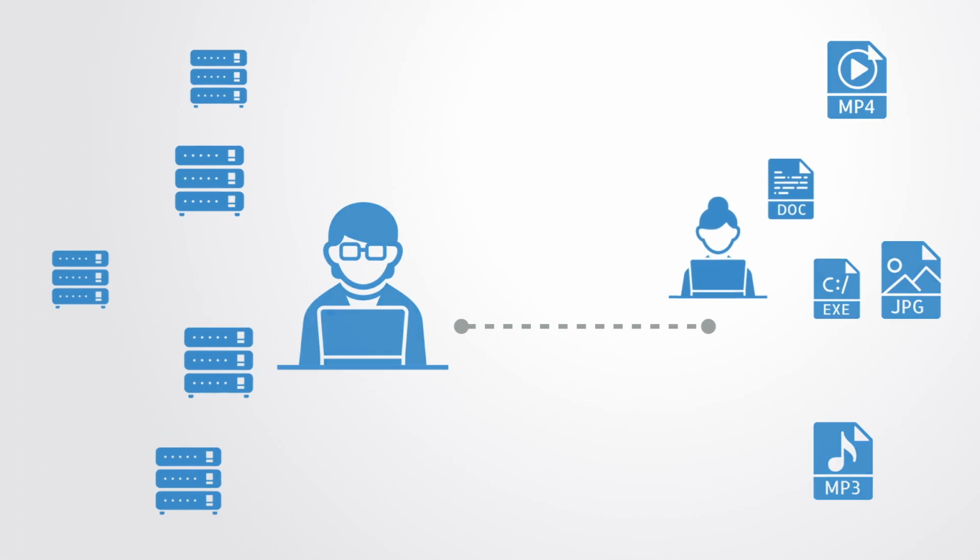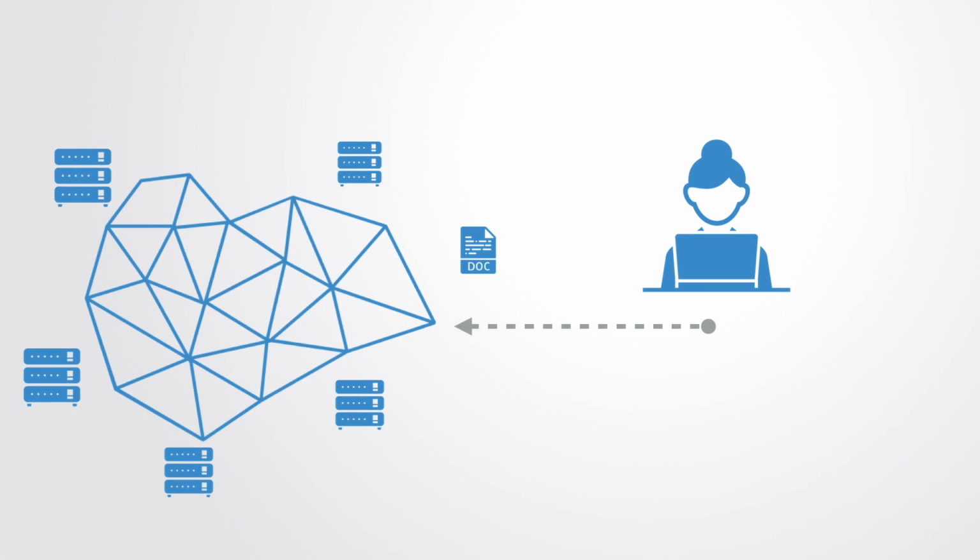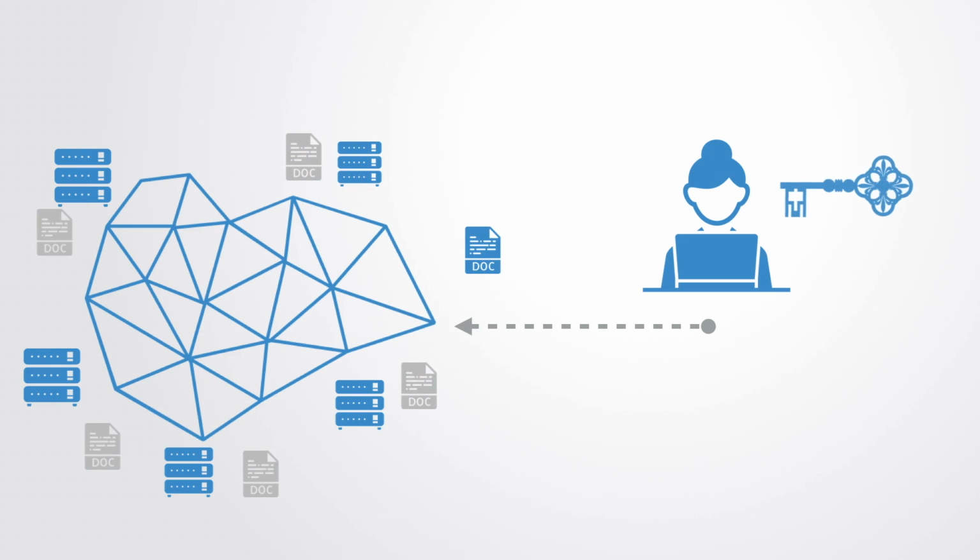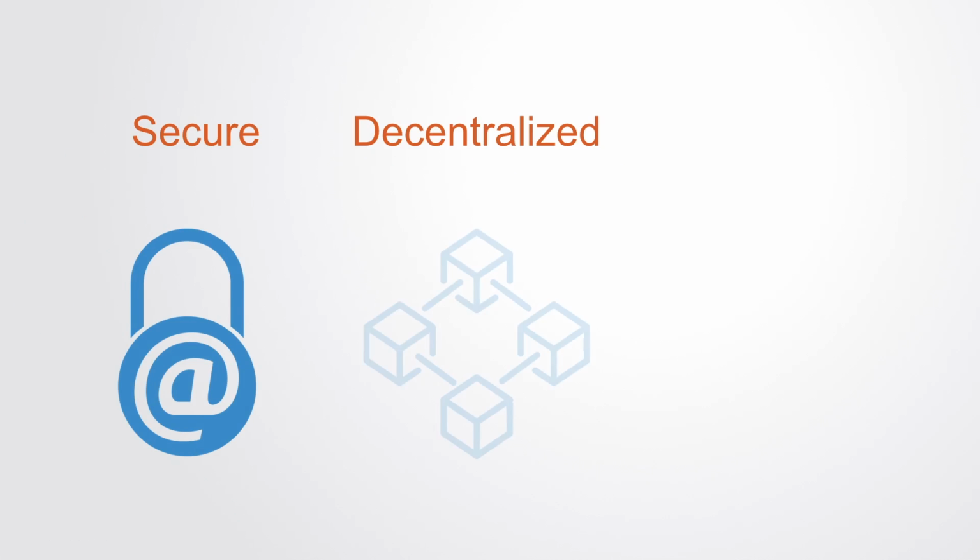Each file saved on the application is shredded, encrypted, and spread across the network until you're ready to use it again. The keys to the database remain with the owners, meaning the data is not accessible by a centralized cloud provider. There are many other examples of Dapps, but the general concept can be applied to any area that requires secure records and benefits from decentralization.